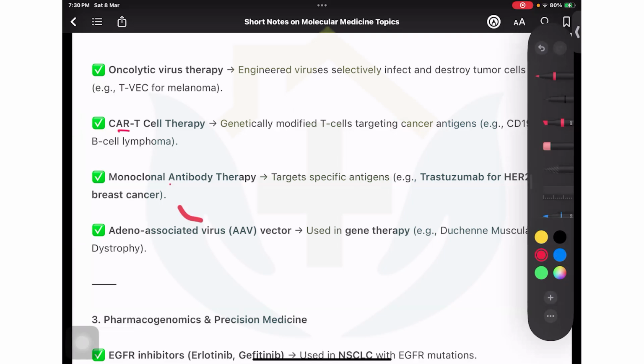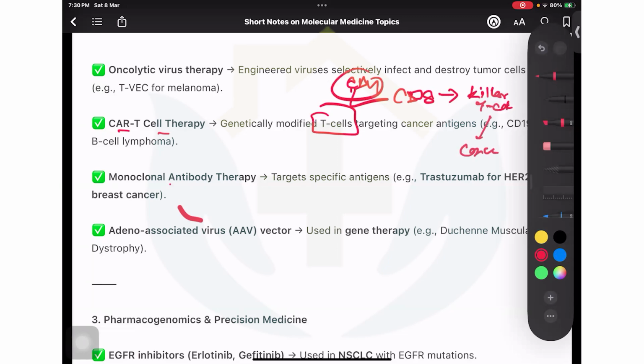Then comes CAR T cell therapy, where what we have done is we have altered the T cells. Now we understand the T cells are either CD4 or CD8. Now CD8 cells are basically killer T cells. They are the ones who are responsible for killing the cancer cells.